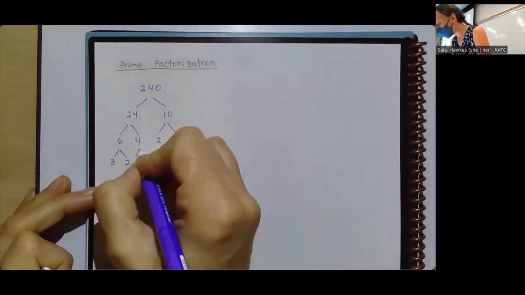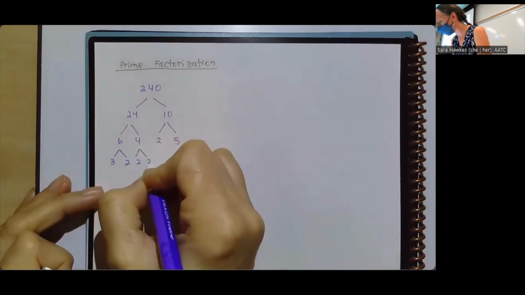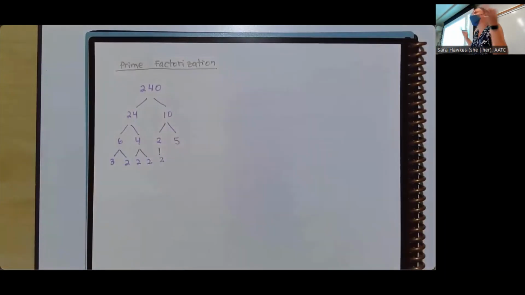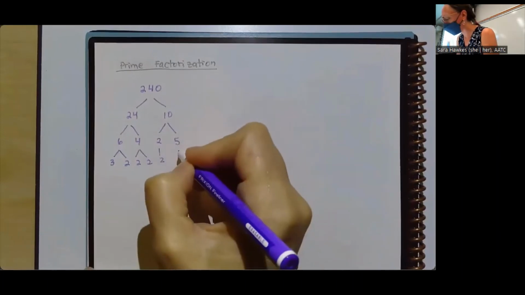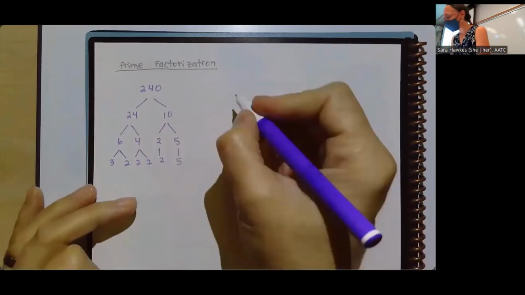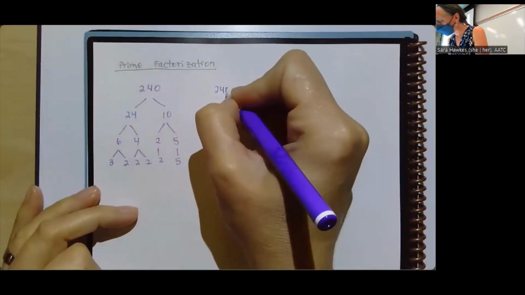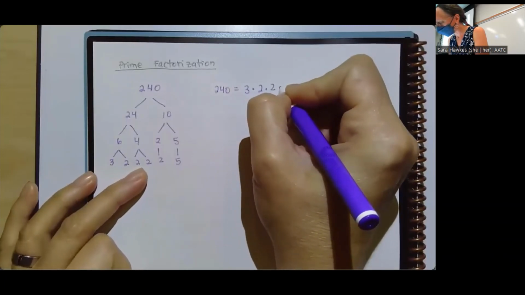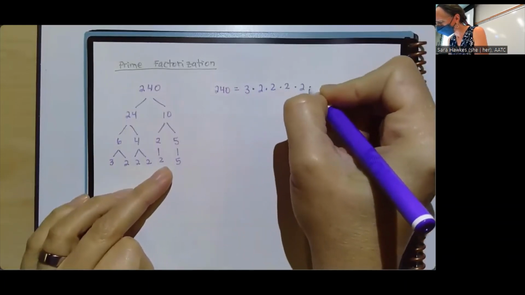And that 4, I could break down as 2 times 2. 2 is prime because the only numbers I can multiply to get 2 are 2 and 1. 5 is also prime because the only numbers I can multiply to get 5 are 1 and 5. So 240 is equal to 3 times 2 times 2 times 2 times 2 times 5.